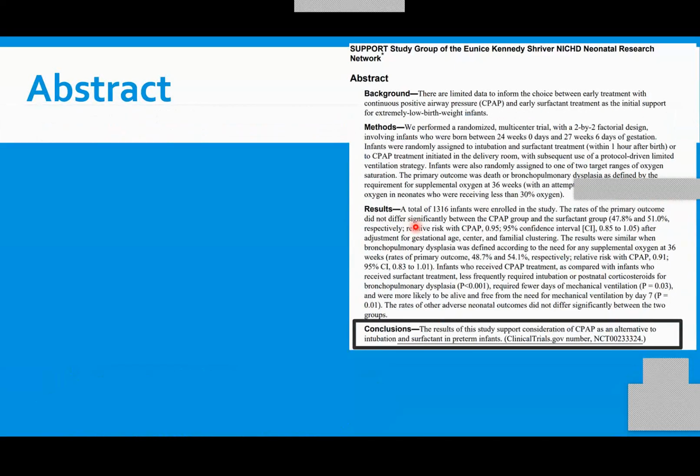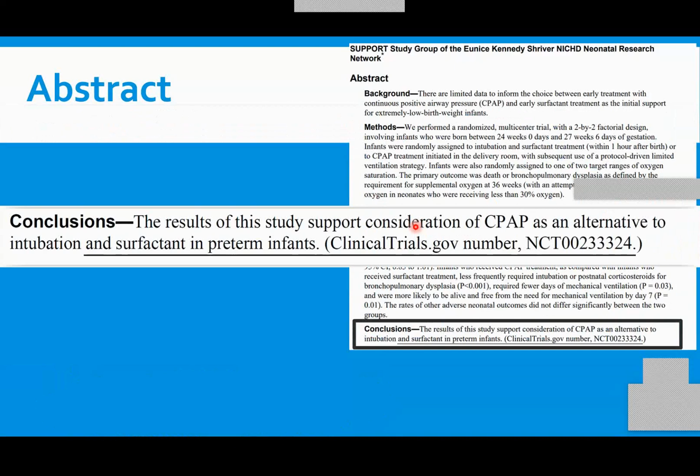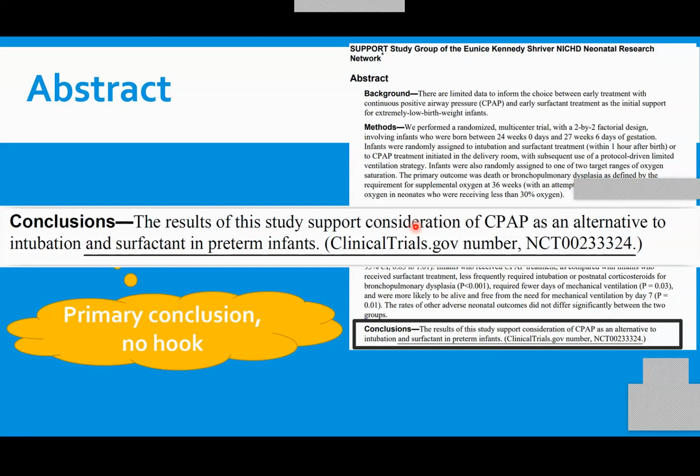And then you have the conclusion. So look at this beautiful conclusion, and I know this is a very good article. The result of the study supports the consideration of CPAP as an alternative to intubation and surfactant in preterm infants. Very factual, absolute fact. There is no hook here. And so I know this article is very good. Yeah, is that clear? Okay.